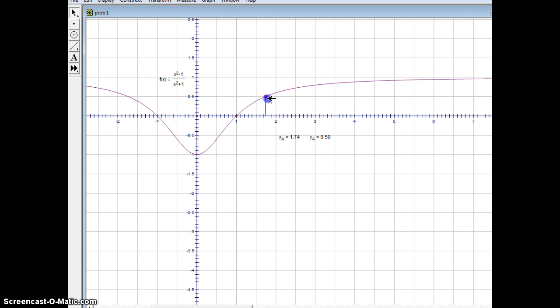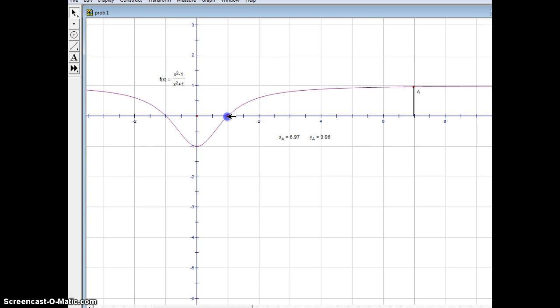Or I can increase it and push it out. And notice how the output, 0.56 somewhere around here, will also increase as I move this point. Now, as I push x all the way out to positive infinity is what we're going for, notice how the output here is also changing. It is increasing, but will it reach an actual limit?